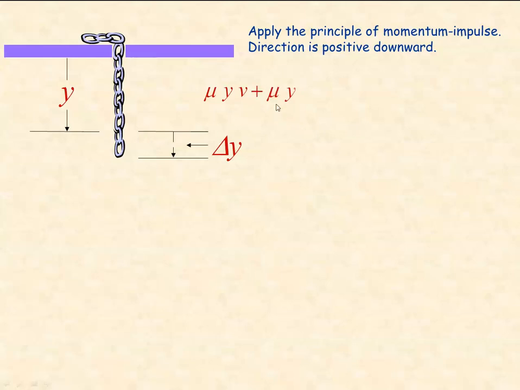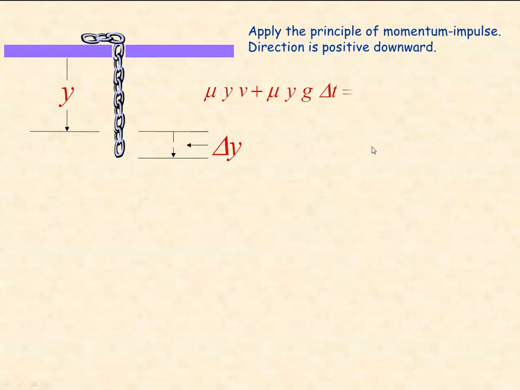Then you have the delta t of time during which the force of gravity is acting on this part, and mu times y gives you the mass of the part showing right there. Times delta t gives you the external impulse. It's positive because remember downward is positive for our particular situation.